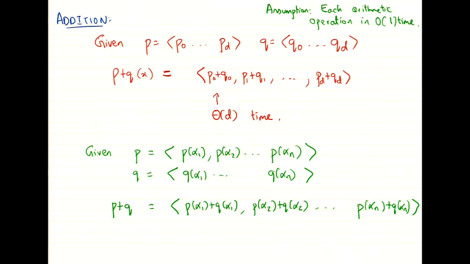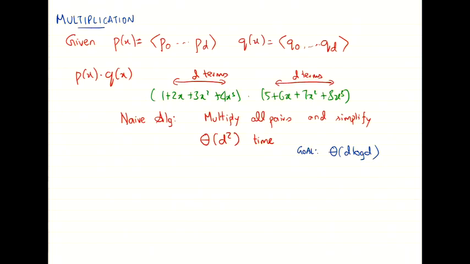Here the time it took was theta of d. It's not at all useful to look at this different representation, but let's go to multiplication and you'll immediately see. So now it's just super neat. You have P given by this vector, Q given by this vector.